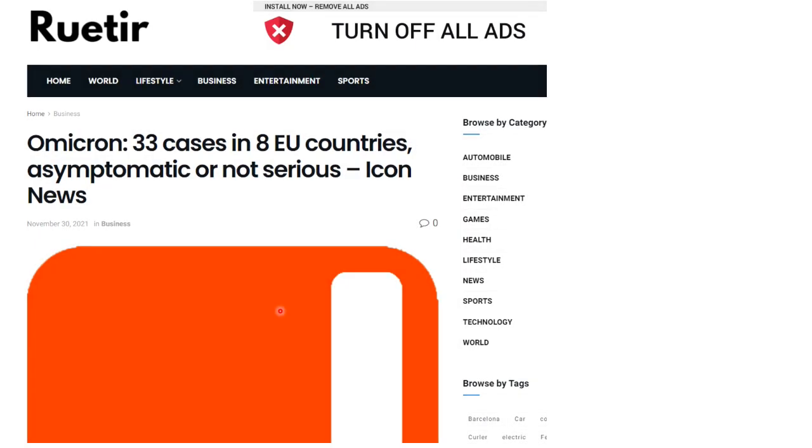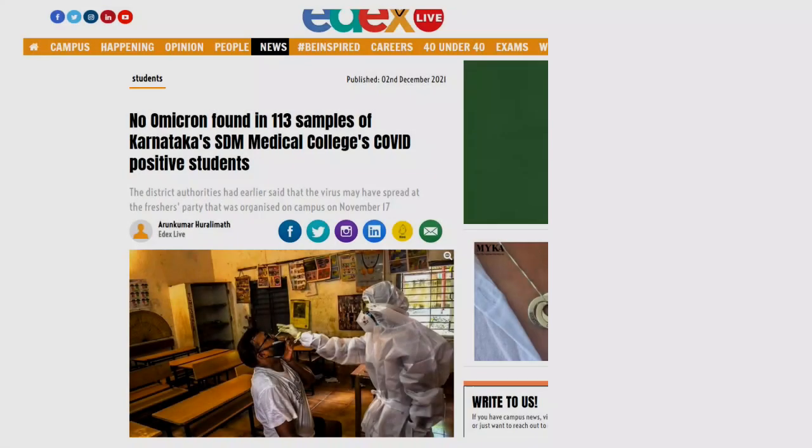And of course, it didn't take long for the 33 to come out. So here we've got Omicron, 33 cases in 8 EU countries. So there's our 33, and there are more. No Omicron found in 113 samples of, what's that, Atticus, STM Medical College.